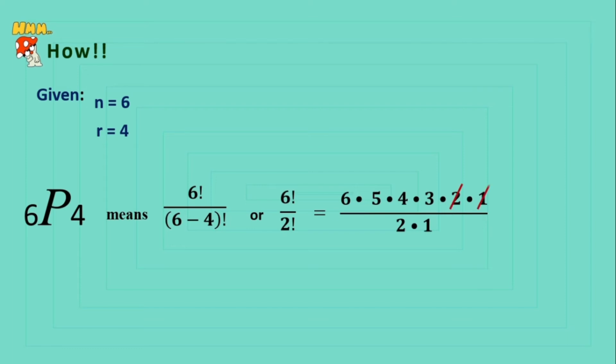Cancellation process, we cancel 2 and 1, and proceed to multiplication. We multiply 6, 5, 4, and 3, resulting in 360.